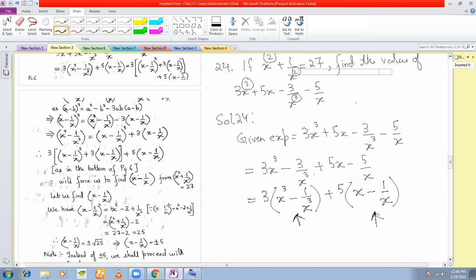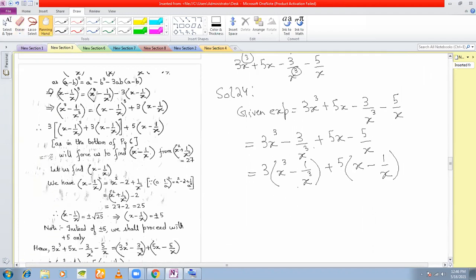But we know that from power 2, you can move to power 1, isn't it? So once you can move to power 1, you can find out the value of this. And from power 1, you can move to power 3. So once you move to power 3, you can find out the value of this, right? So once you know power 2, we first move to power 1, then we'll move to power 3 and get the values individually of the two.